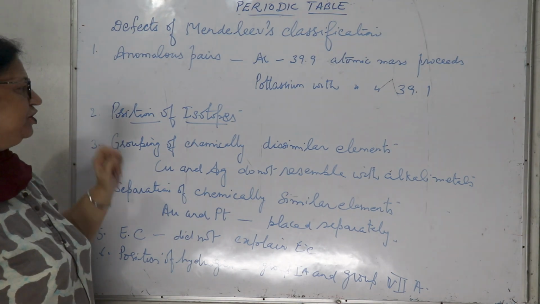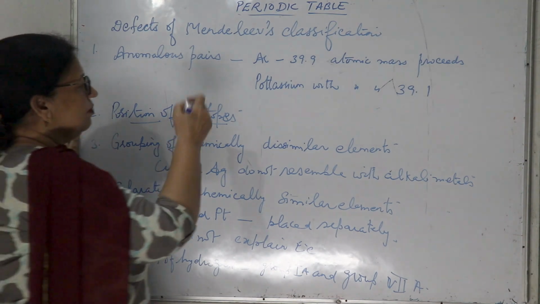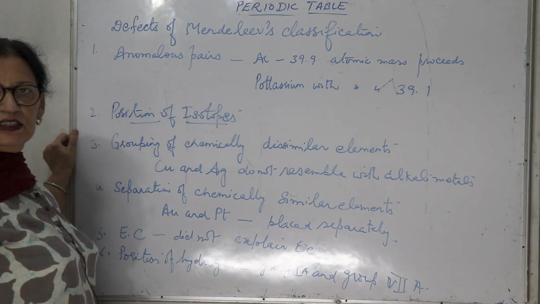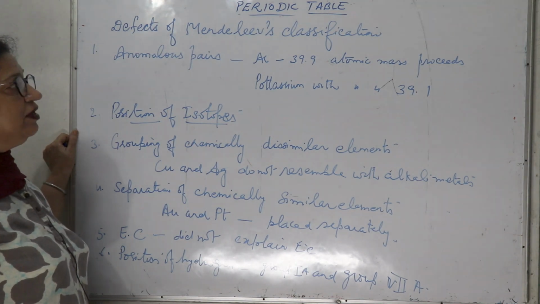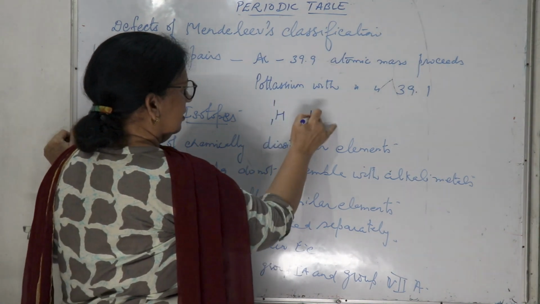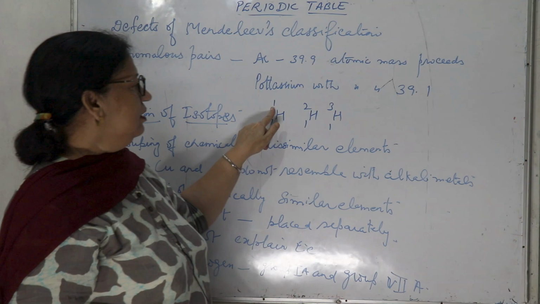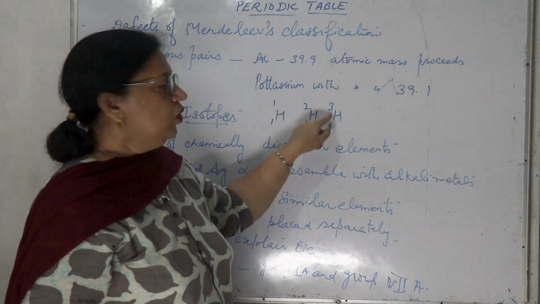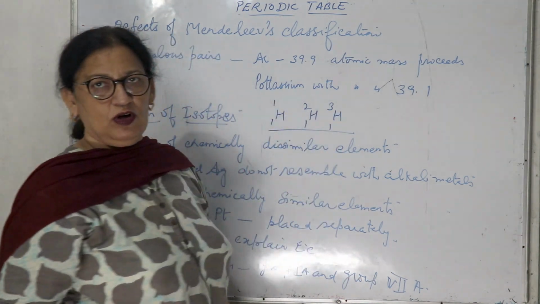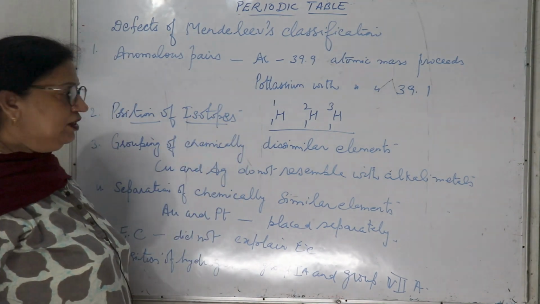And second one, position of isotopes. Mendeleev's classification is based on atomic mass. So what are isotopes? They are the atoms of the same element having same chemical properties but different mass number or atomic mass. Like hydrogen has 3 isotopes having atomic mass 1, atomic mass 2 and atomic mass 3, and there should be 3 positions for hydrogen, but only one position was given to hydrogen.